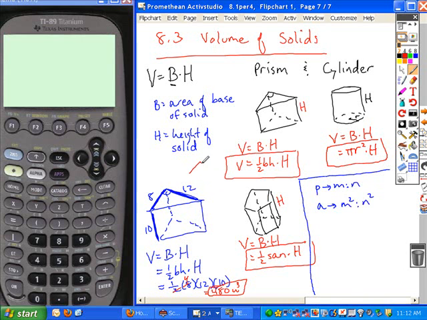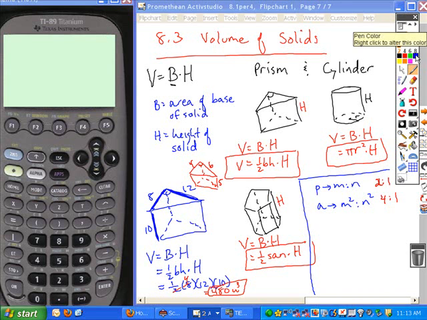So if we took a similar solid here, let's say we took one that was half of each dimension, so a height of 5 and base dimensions of 4 and 6. And I asked you to find the ratio of these surface areas. Okay, well, what's the ratio of the parts between these two similar solids? The ratio of parts is 2 to 1. So what's the ratio of their areas going to be? 2 squared to 1 squared. So the surface area of this solid is going to be 4 times the surface area of this smaller one.